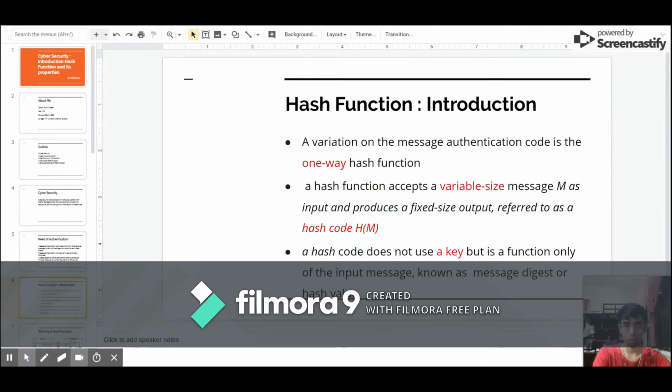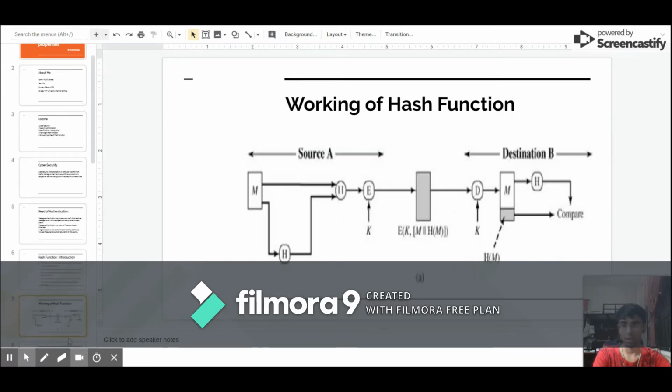Next we will move on to the working of hash function, how the hash function works. In every message sending, there is a source and a destination. The user takes the message as an input. In one line we send the message as it is, and in the second we apply the hash function on the given message.